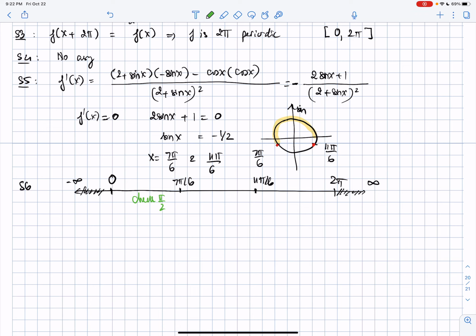And then from 7 pi over 6 to 11 pi over 6, you can check the point 3 pi over 2, and from 11 pi over 6 to 2 pi, you can check this little piece.